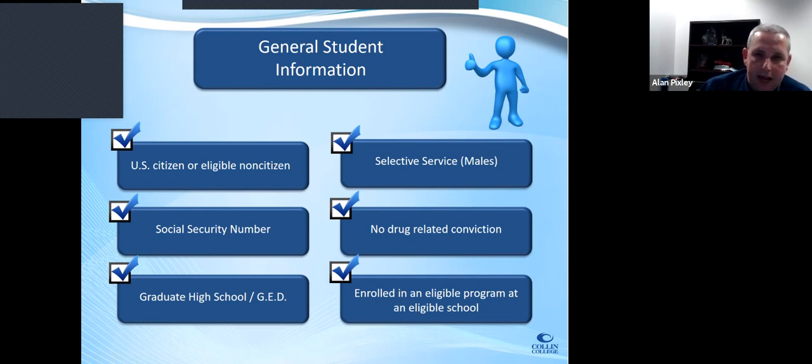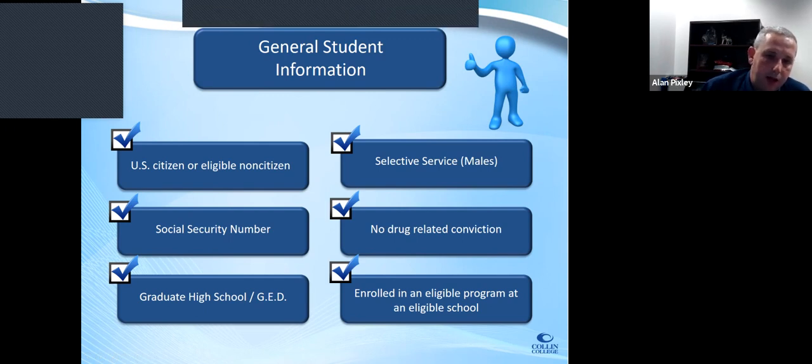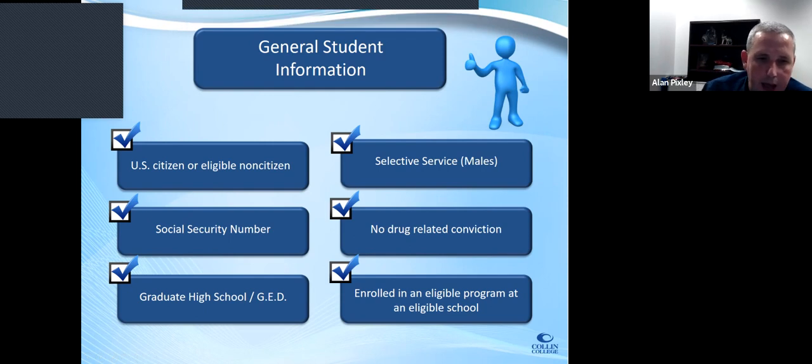You can also go to sss.gov to register yourself, but males have to do that between the age of 18 and 26. You have to have a social security number as a student to apply. No drug-related conviction, and there's a couple of questions on the application that talk about that. If that were to be a concern for you, just read through those questions.